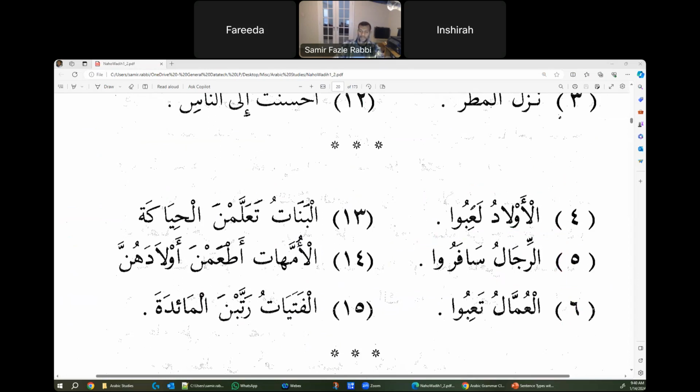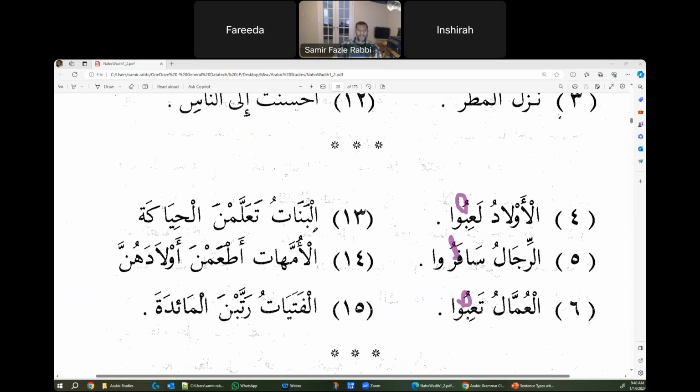In these particular verbs, what are they built upon? You tell me. They're fi'l mudari, mabniun ala what? Is it dhamma? Yes, excellent. Dhamma, very good.